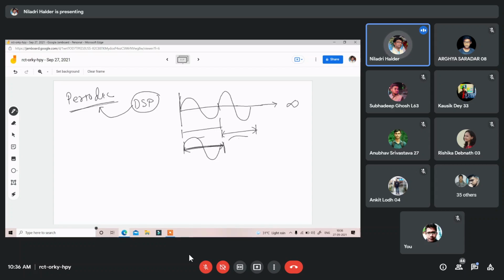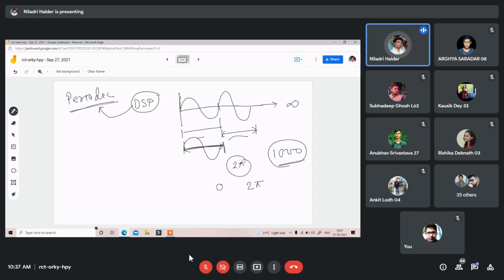So suppose you have 1000 number of periods, and after 2 pi it is repeating. That means you need to consider only a length 0 to 2 pi. You don't need to consider a length for 1000 periods.